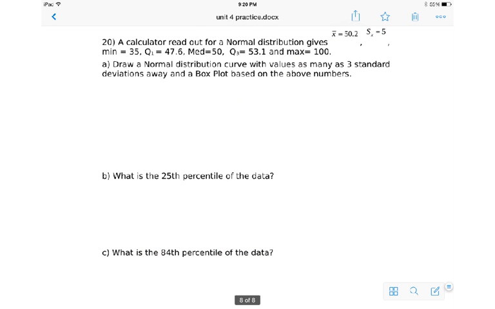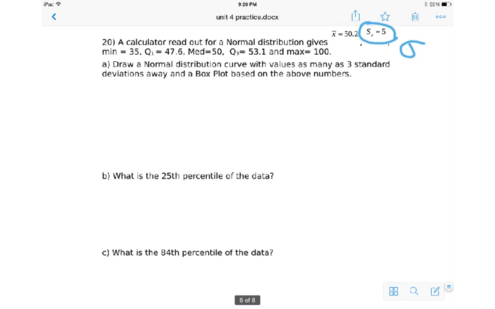The last problem, number 20, a calculator readout for a normal distribution gives x bar to be 50.2. Remember, x bar is the mean. Sx equals 5. The person who wrote this review also teaches the statistics class, and apparently they don't use sigma.